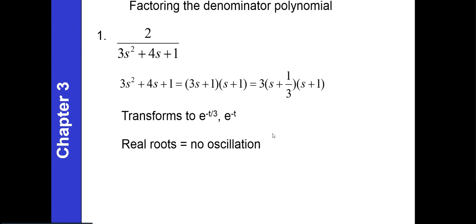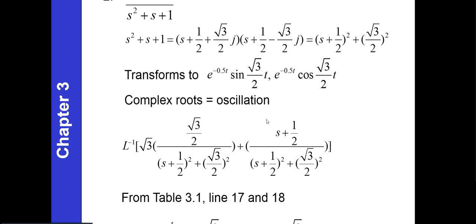So these are the following methods for finding the inverse Laplace.